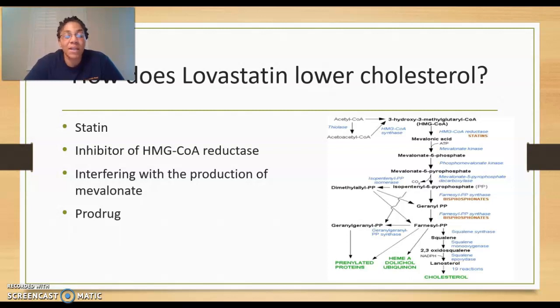Additionally, lovastatin is a pro-drug. As I stated, it's a statin. It inhibits the HMG reductase, which is here, one of the key control points in cholesterol synthesis. It interferes with the production of mevalonate, and if you interfere with mevalonate, cholesterol cannot be synthesized. So that concludes my presentation.